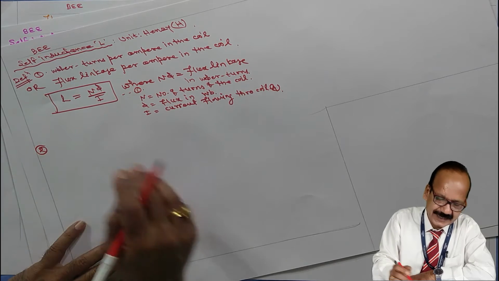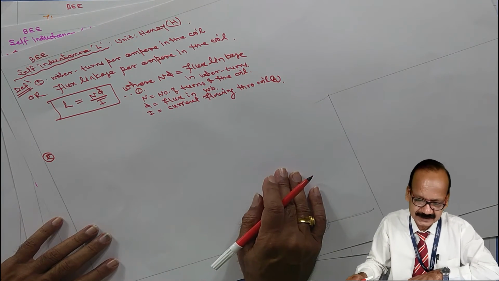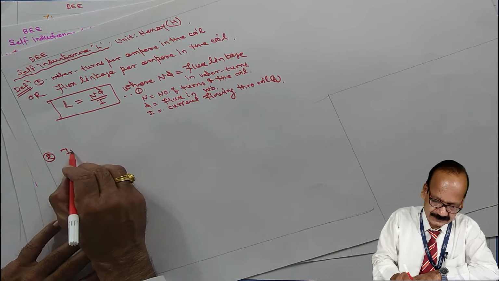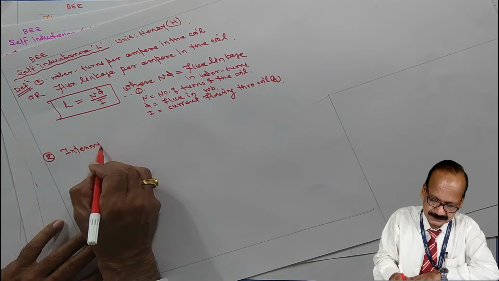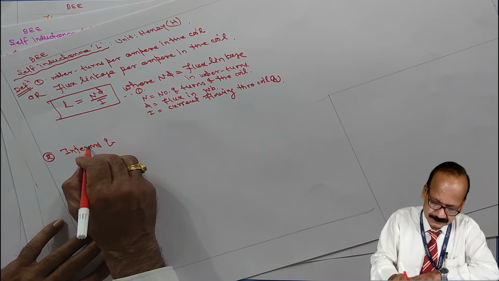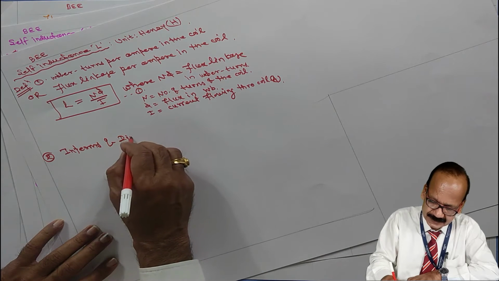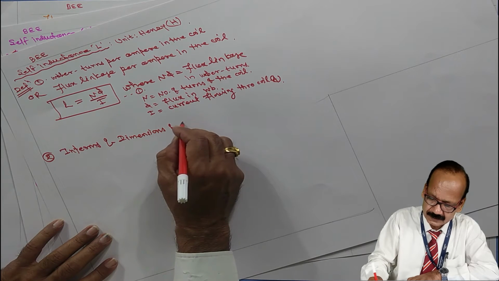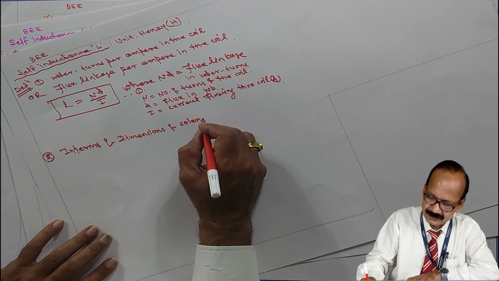In the second method, it is given in terms of dimensions of the solenoid.